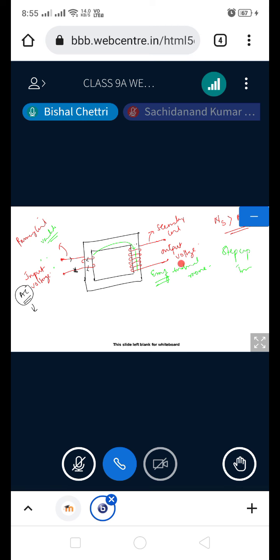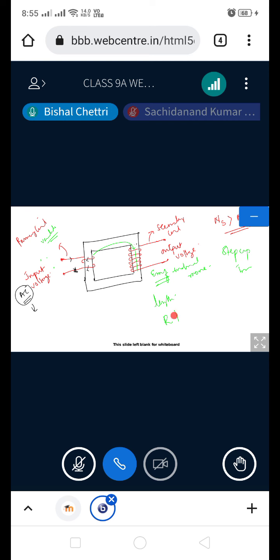Now, see over here, the EMF induced is more. That means voltage is increasing. But at the same time, as the number of turns is increasing, the length of the wire is increasing or decreasing? Increasing. If the length of the wire increases, what happens to the resistance of the wire? It increases.